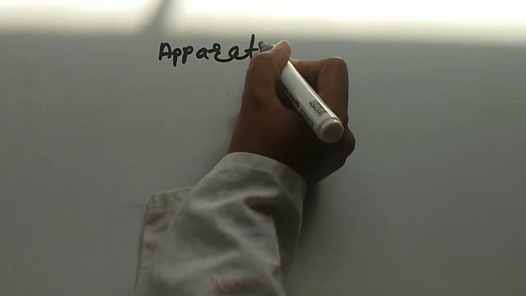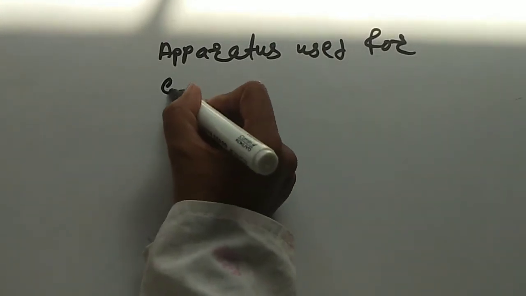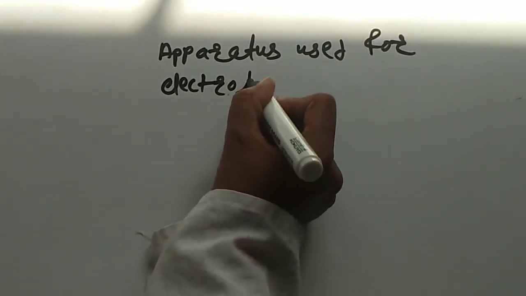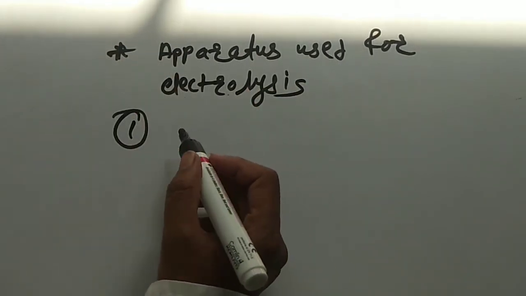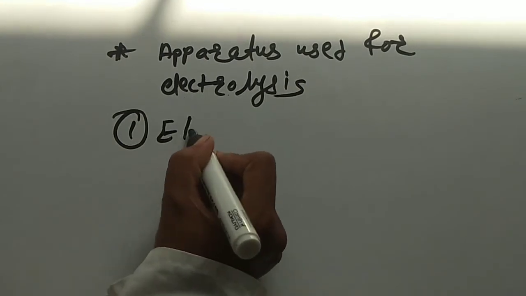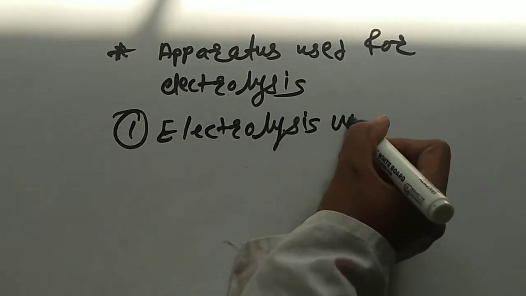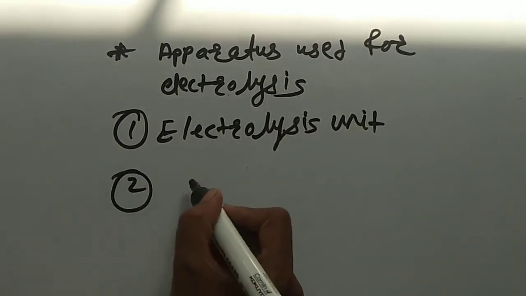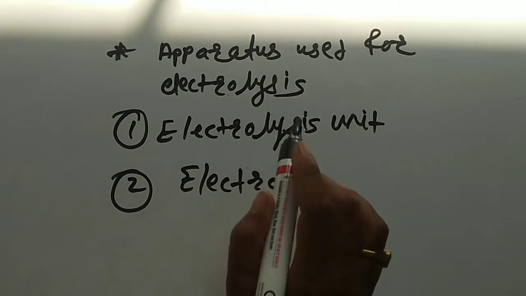So student, in today's lecture we study what is electrolysis and what is the apparatus used for the electrolysis. In that we study first the electrolysis unit. Second part we studied electrodes. What are the different types of electrodes used for the electrolysis process?